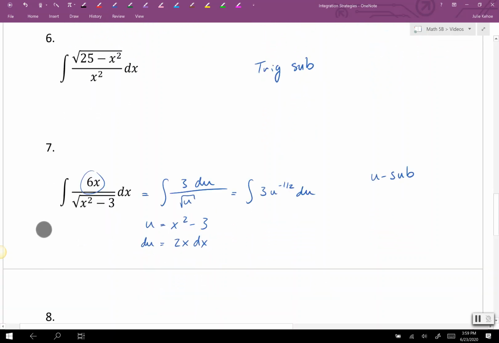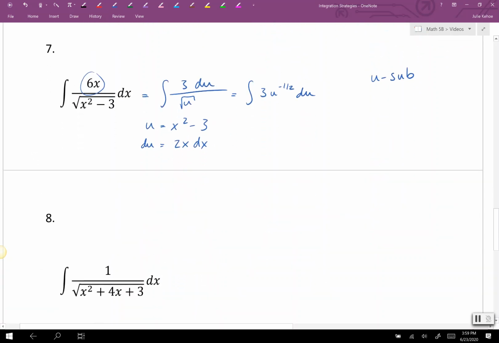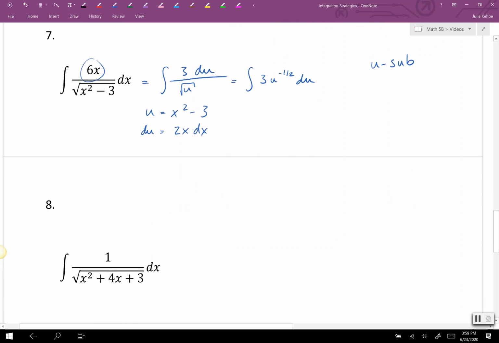Okay, one more example of figuring out which strategy to use here. Here's another one with a quadratic that has a root around it. And so I've got a lot of options that I gravitate towards. Things like the u substitution. There's nothing really going on outside of that root, so that looks very much like it's not going to work out.